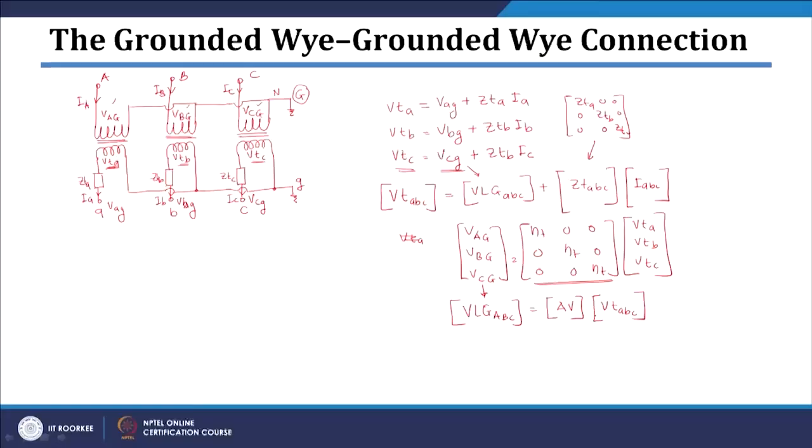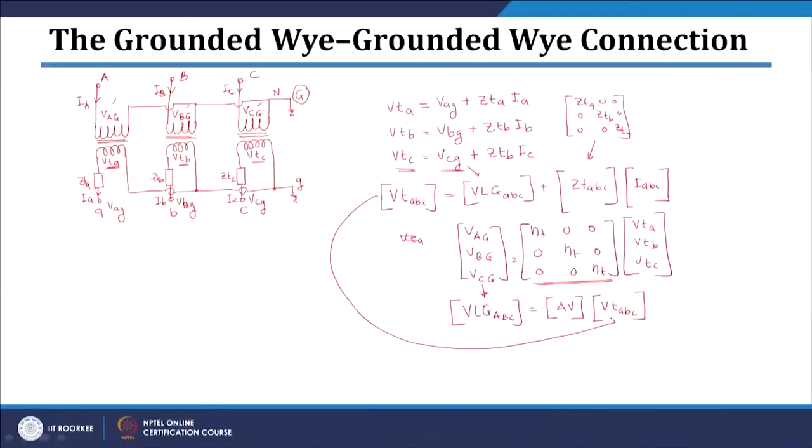Okay. And as I told you, for getting this model in terms of ABCD parameter, we need voltages in terms of line to neutral voltages, and currents are basically line currents. Okay. So, what we can do, we can take this VTABC and put into this expression. So, I am having this expression, I will explain you.